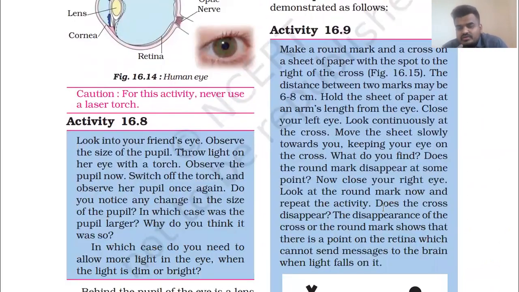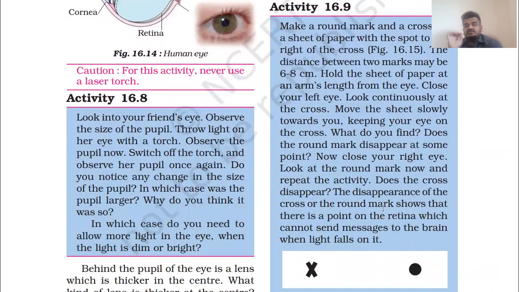The distance between the two marks may be 6 to 8 centimeters apart.